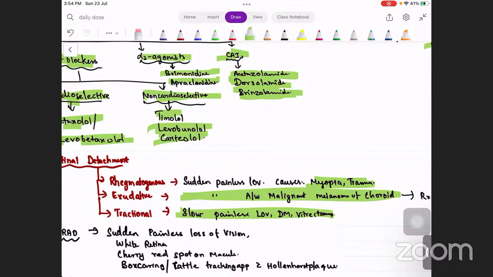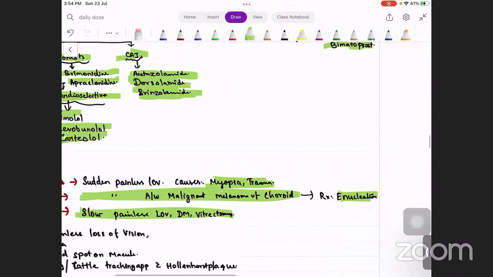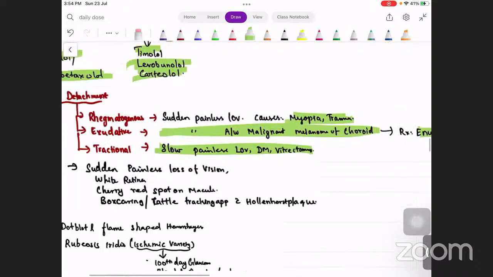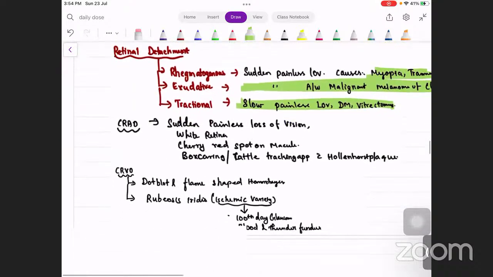Sudden painless loss of vision associated with myopia or trauma is your rhegmatogenous retinal detachment.